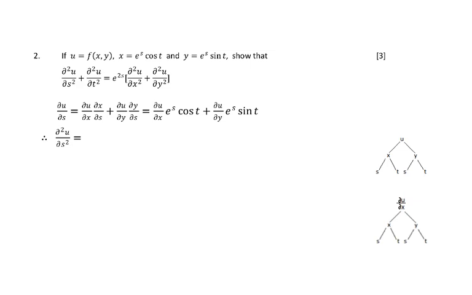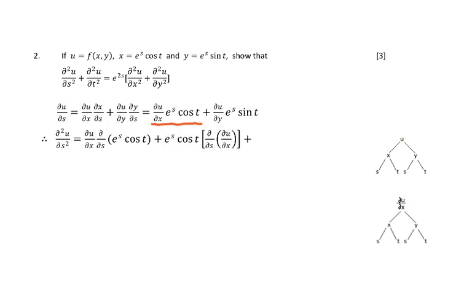The second point that you must keep in mind is that each of the two terms in the expression for du/ds are products of two functions of s. Let us now find the derivative of the first term of du/ds. In calculating the derivative with respect to s of the first term, which is underlined in red, we treat this as a product.